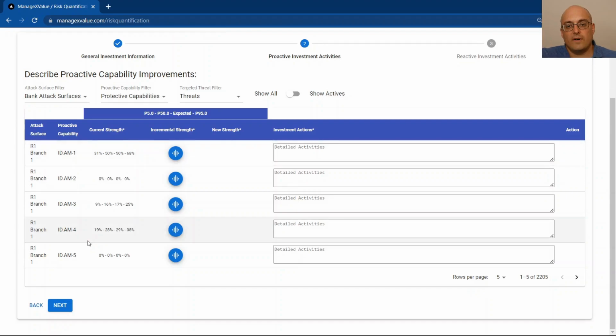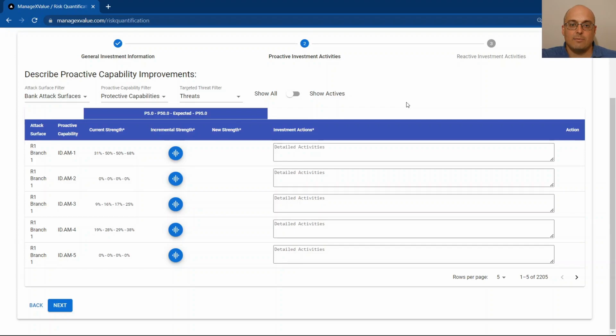Then another important factor is, as I described earlier, the goal of any investment is to increase the strengths of capabilities, protective capabilities for the organization unit, which relatively simplifies the tasks and the objective of how we define an investment.